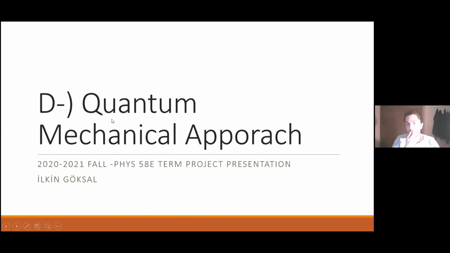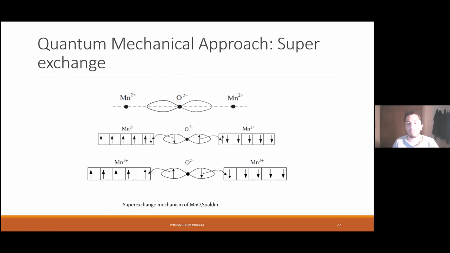I will say a few words about the quantum mechanical approach. This is the basic mechanism of magnesium oxide that we talked about before, in the neutron scattering section. As you can see in the first picture, the orbitals are standing like this, and the last orbital of the magnesium plus 2 ion is open, and it's sharing an electron with the O minus 2.